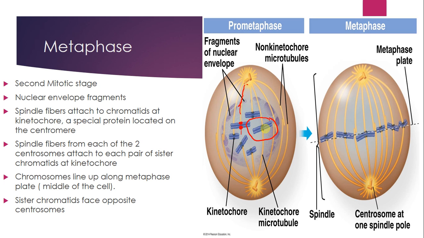Our chromosomes are going to line up across the middle of our cell in metaphase, along this imaginary long line called a metaphase plate. And you can see that one sister chromatid is facing each pole or end of the cell, attached by a spindle fiber.